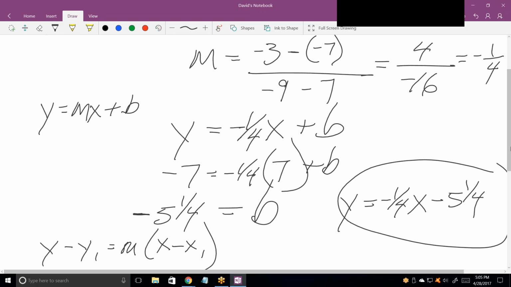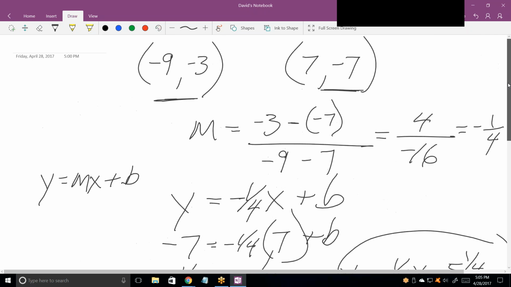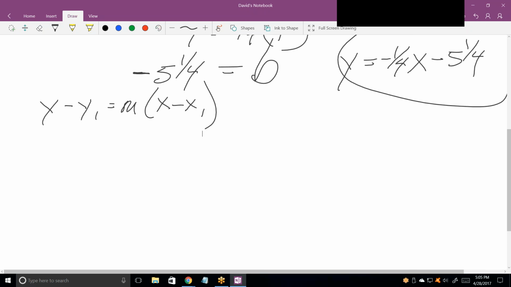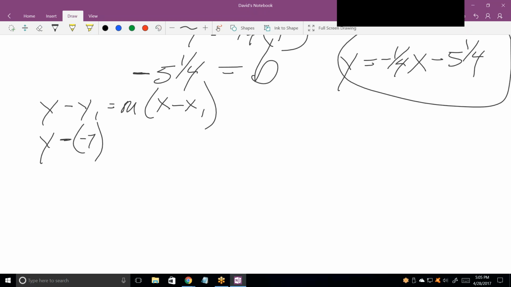I only need one point. I'll use the same point, 7, -7. So y sub 1 is -7, the slope is that, and it's x minus the x sub 1, which is that.